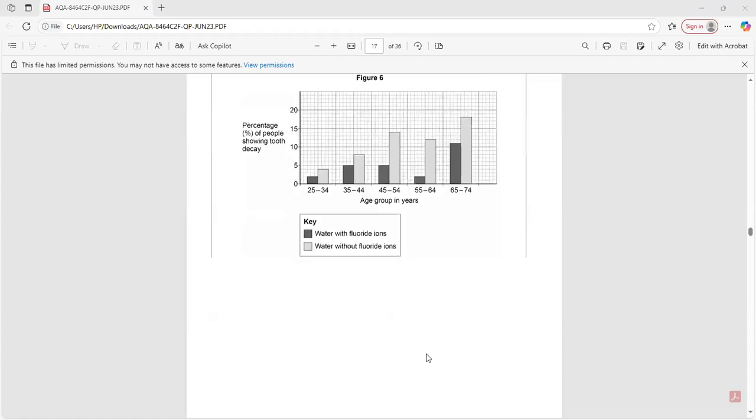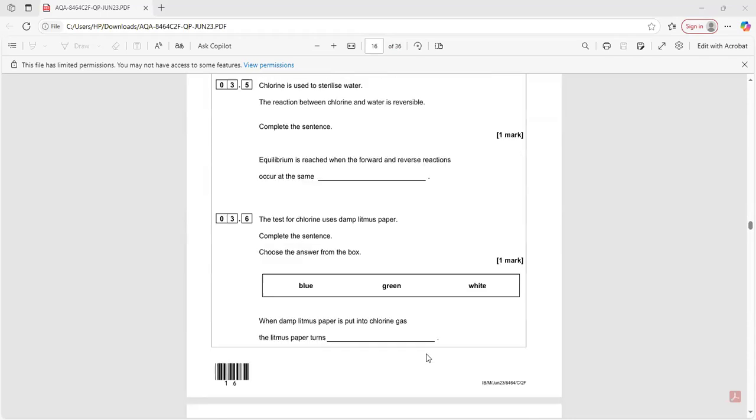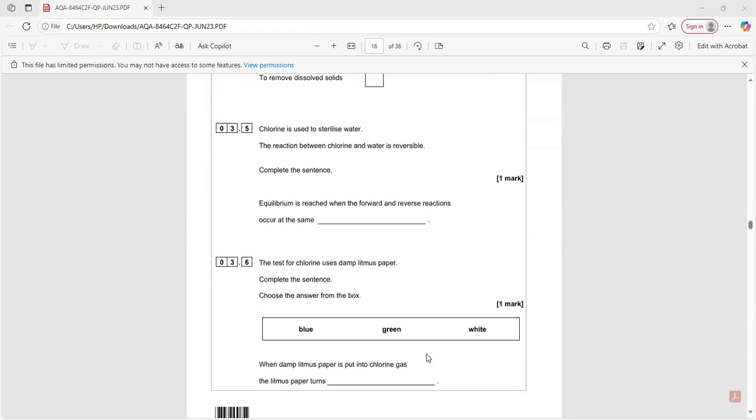Moving on. It says chlorine is used to sterilize water. It says the reaction between chlorine and water is reversible. It now says complete the sentence: equilibrium is reached when the forward and the reverse reactions occur at the same, the answer should be rate.